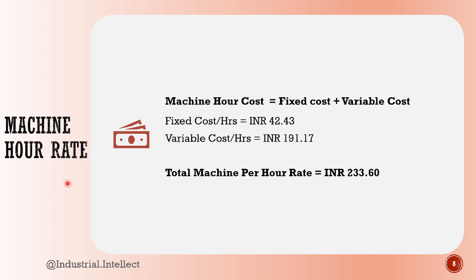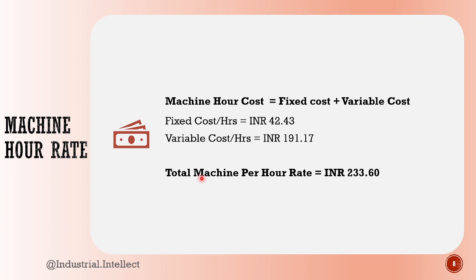So with this, the total machine hour cost would be the fixed cost per hour plus the variable cost per hour. Fixed cost per hour is 42.43. Variable cost is 191.17. So the total machine per hour rate is 233.60.